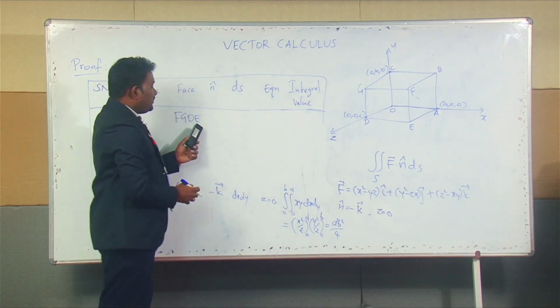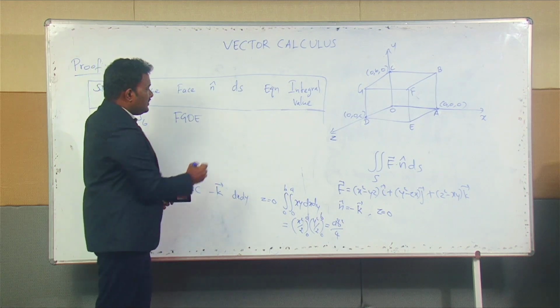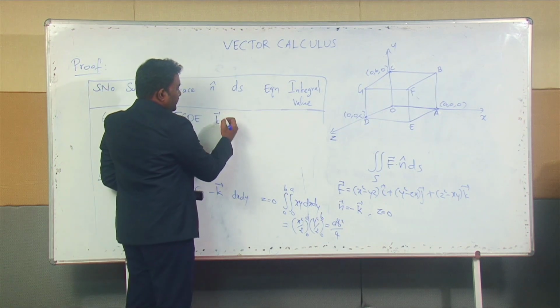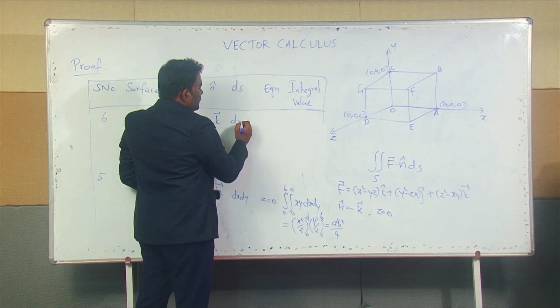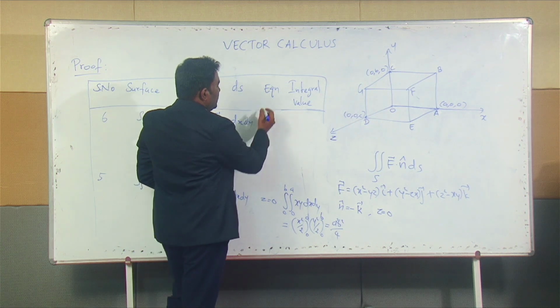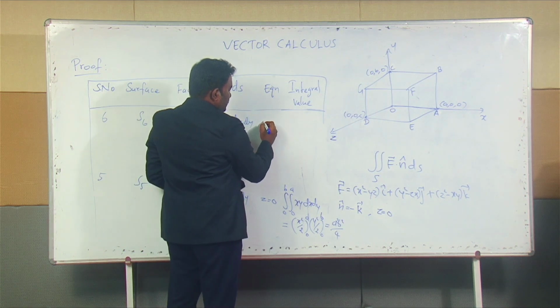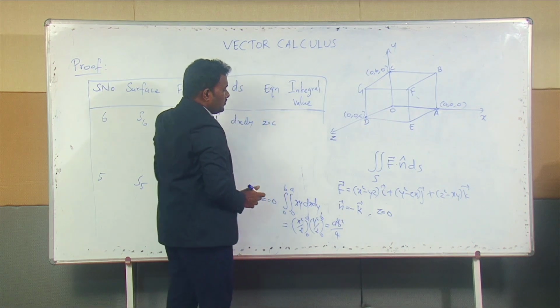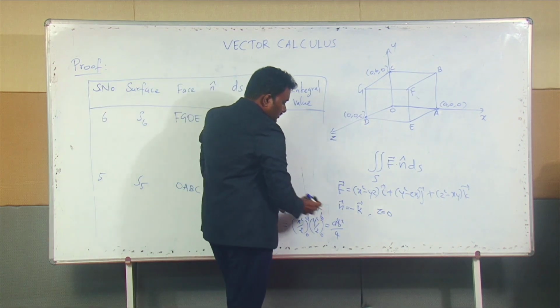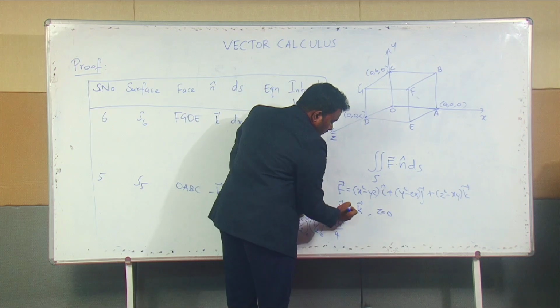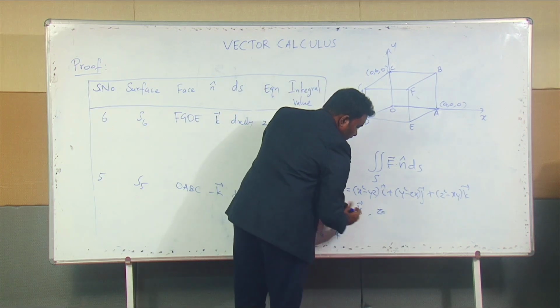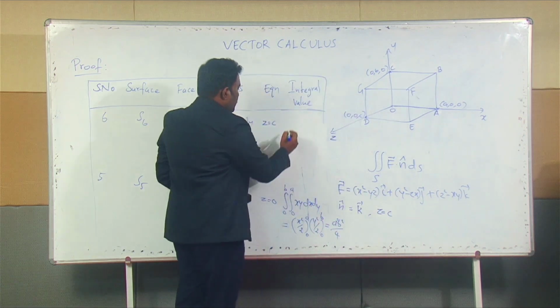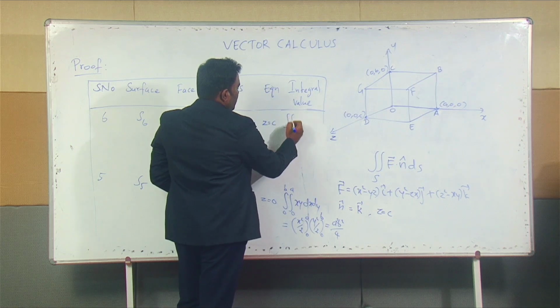So, for this, the perpendicular vector is k vector, and ds is dx dy, and this equation is z equal to c, and the integral value is double integral.